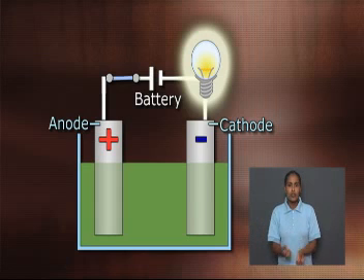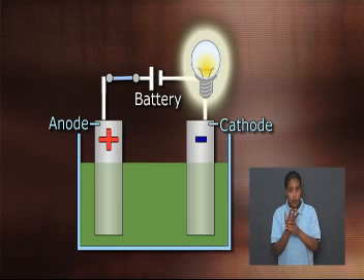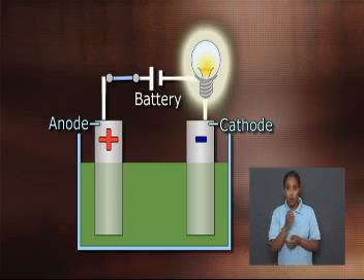The more mobile ions present, the stronger the electrical current can flow to create an oxidation-reduction reaction, or a redox reaction.